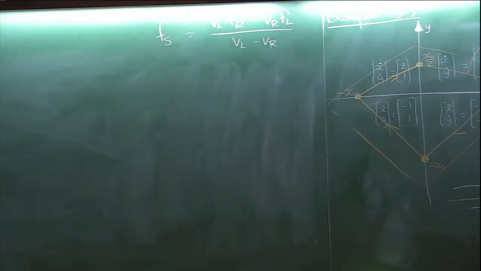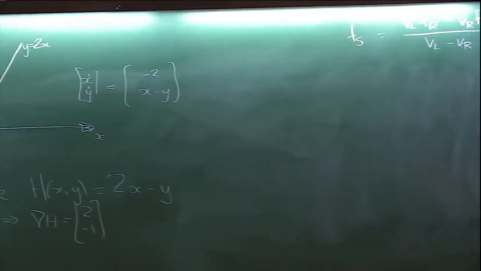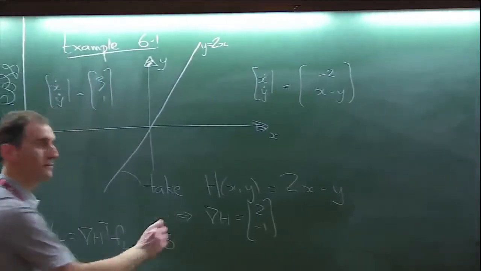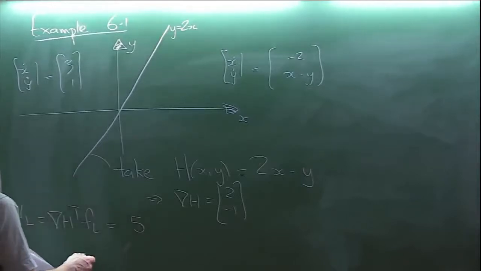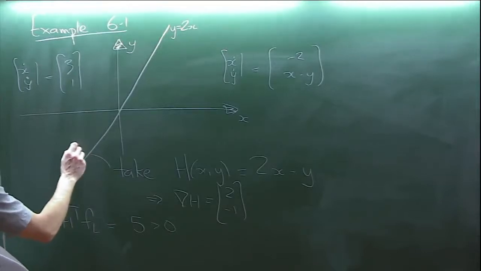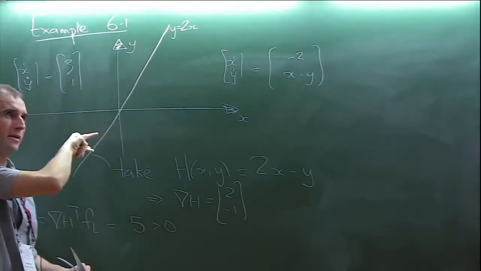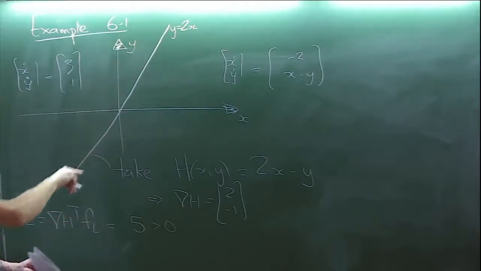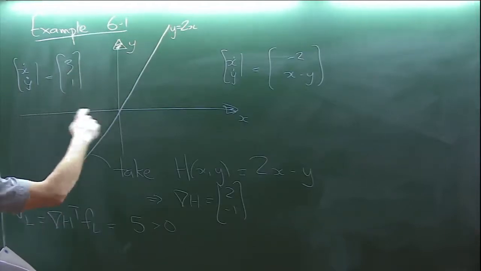VL is the dot product of (2, -1) and (3, 1), so I've got 6 minus 1, which is 5. And 5 is a positive number, which means the vector field on the left is pointing towards the switching manifold. In fact, I could probably see that already from these numbers of going along 3 and up 1.